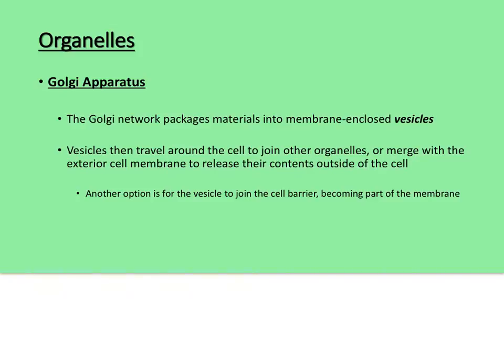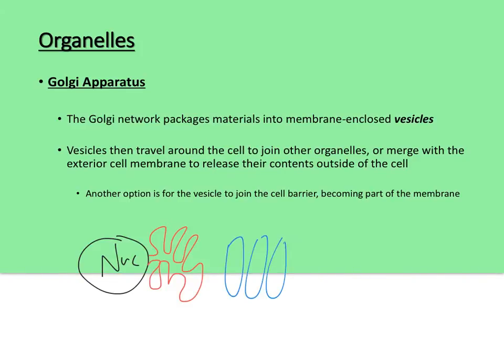Now, something we saw on the last slide is that the Golgi is also kind of close to the nucleus. So if we have our nucleus here, and then the ER comes off of that, and then the Golgi comes after that, we actually say that there's two sort of faces to the Golgi.